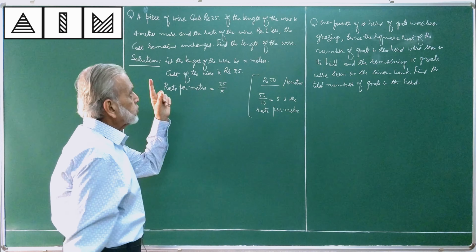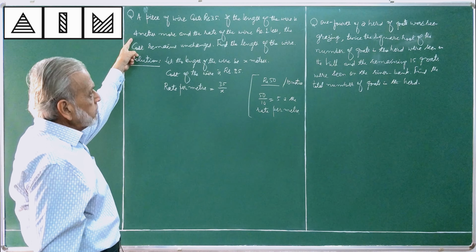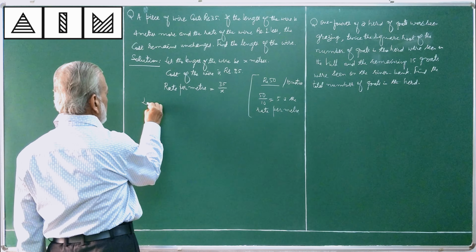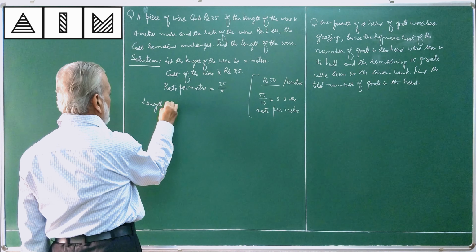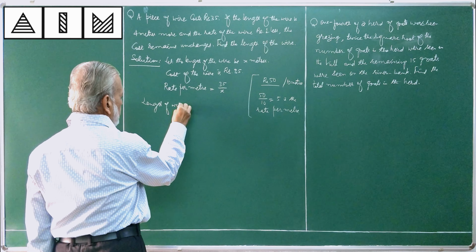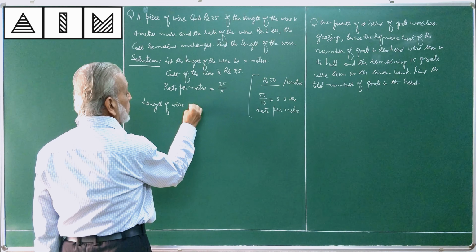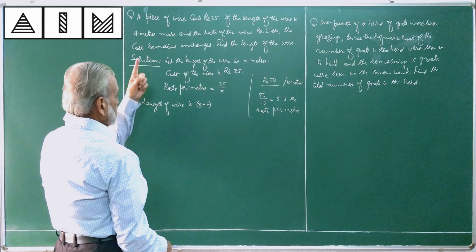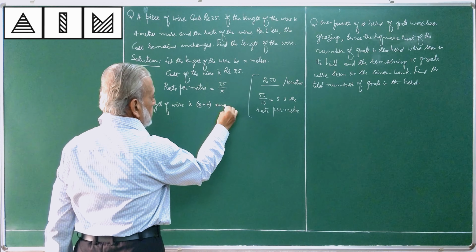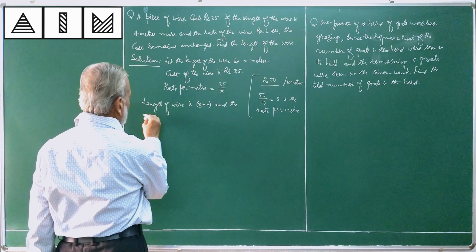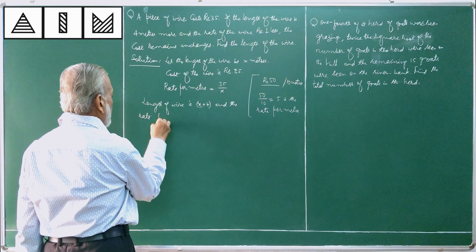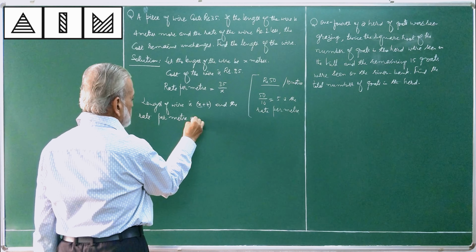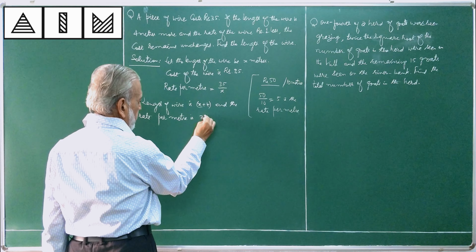Now the question comes. If the wire length has been 4 meters more, see here. Length of wire is x plus 4, 4 meters more, and the rate per meter is 1 rupee less, 35 by x minus 1.